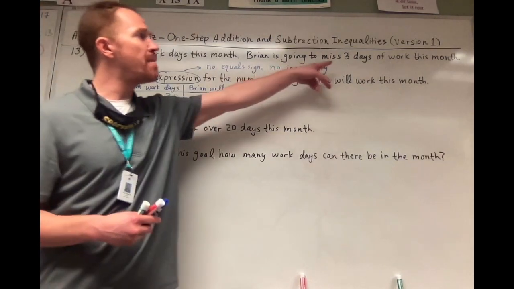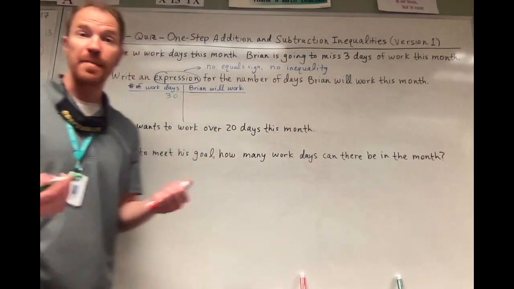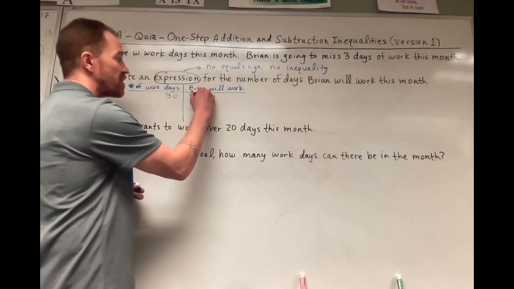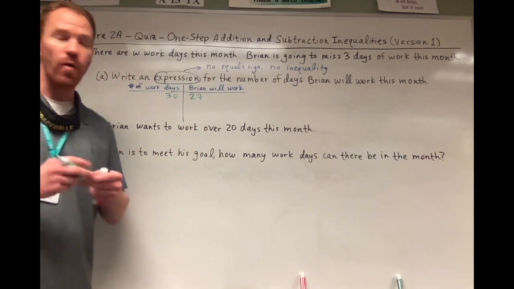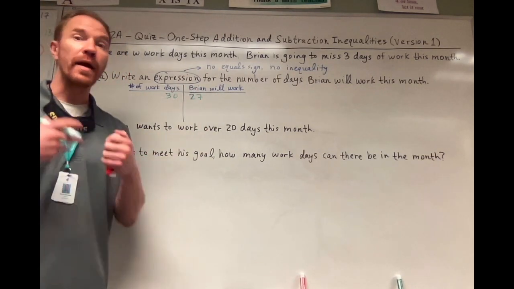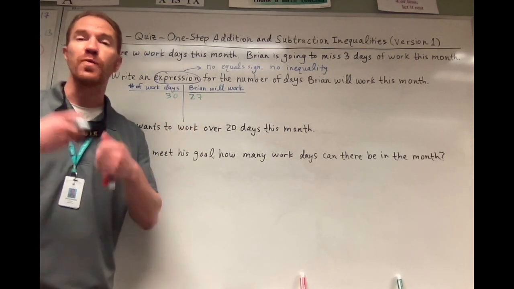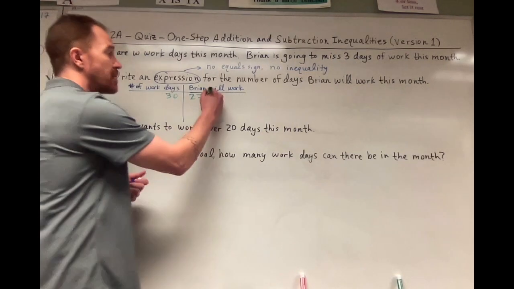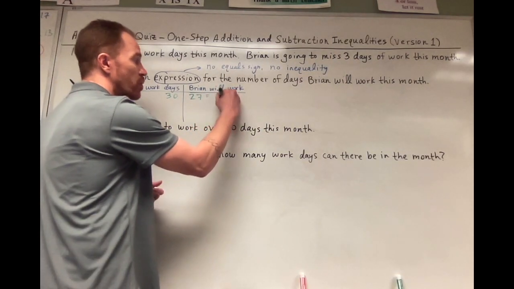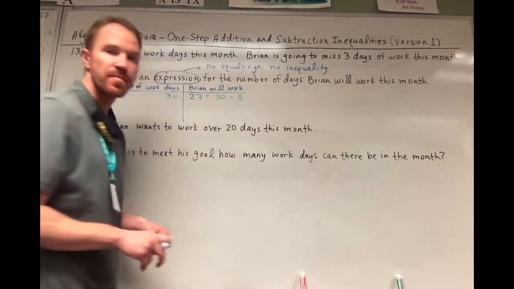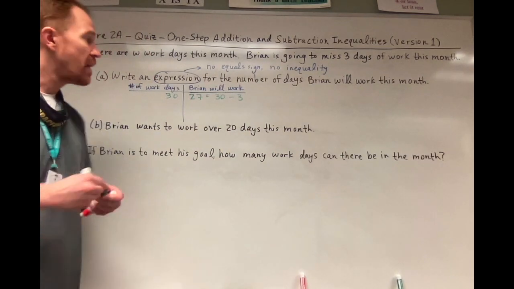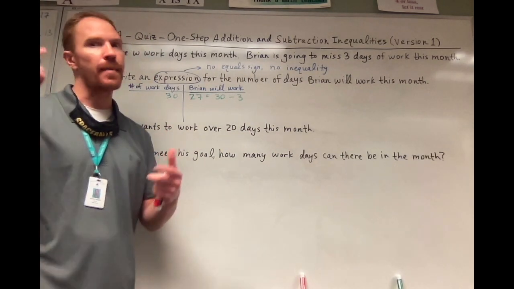Well, he's going to miss 3 days of work, so that means he would work 27 days. While hopefully you can do that in your head, what I really care about more than the 27 is the process. How do we get 27? That would be the 30 total work days minus the 3 that Brian's going to miss. Now from this, you might already be like, oh, I got the expression.